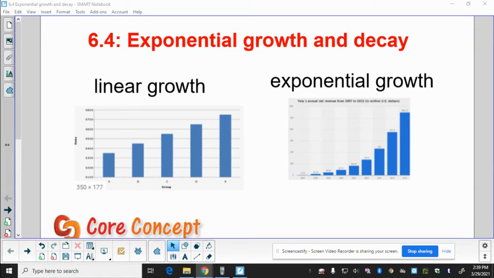Today's lesson, section 6.4, exponential growth and decay. Let's take a look at a couple pictures here. So a reminder, we've talked before about linear growth, which would be equations of lines.